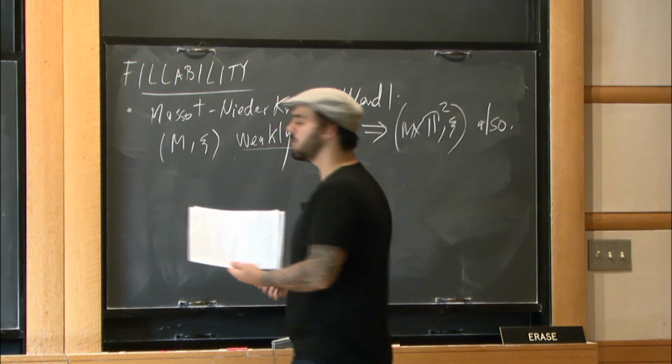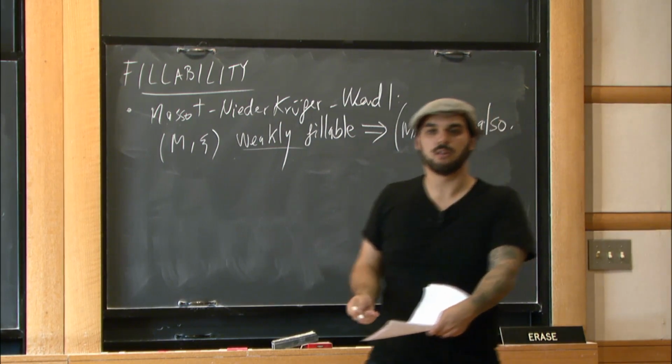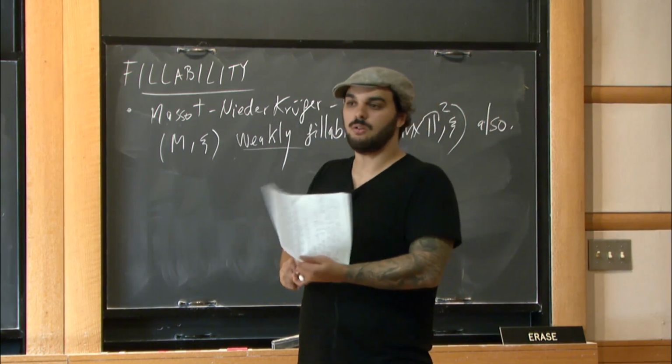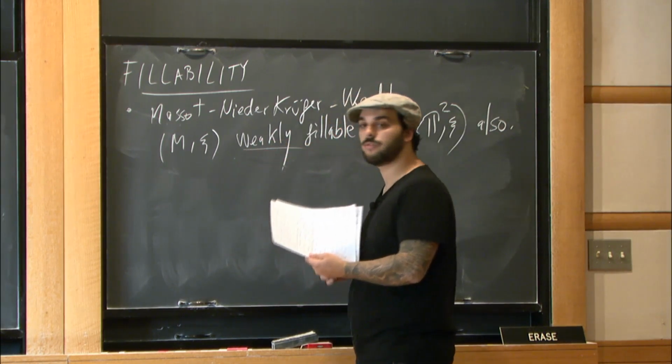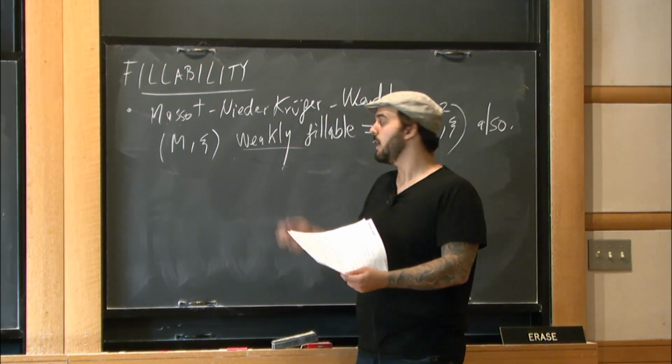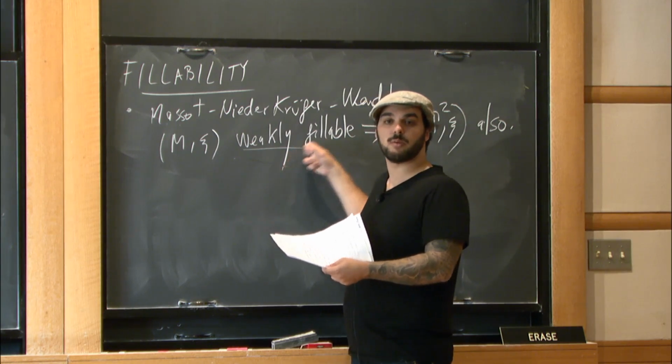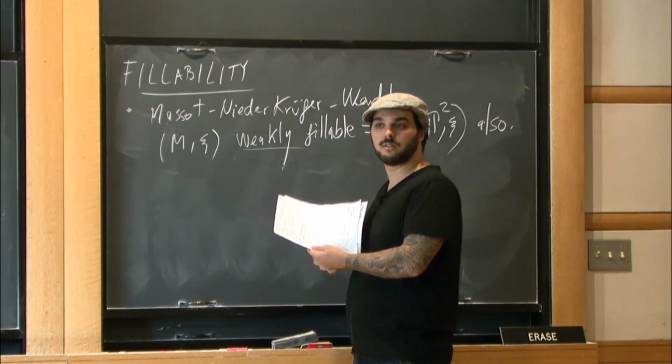Weakly here is a weaker notion than the standard strong notion, or if you start with something which is Liouville fillable, in particular it's weakly fillable. And this says that weak fillability is a property which stabilizes under this construction.